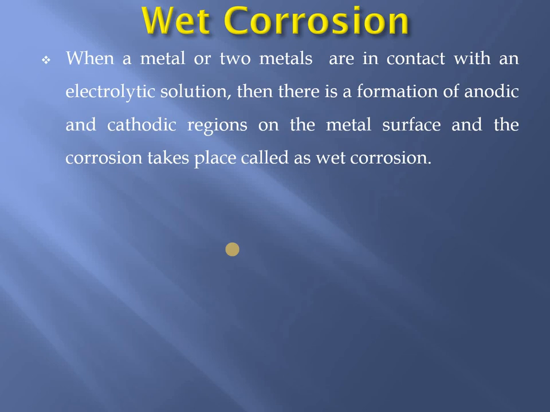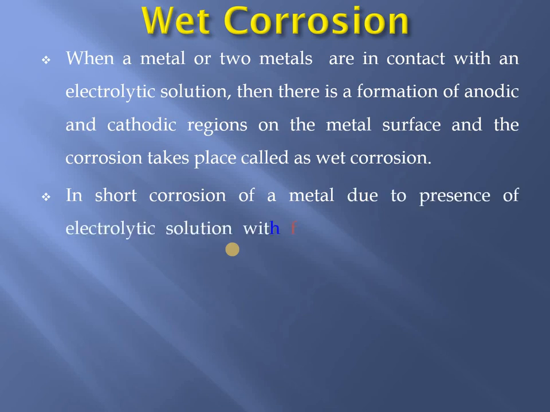Such type of corrosion which takes place due to the presence of an electrolytic solution and leading to the formation of anodic and cathodic regions is called wet corrosion.